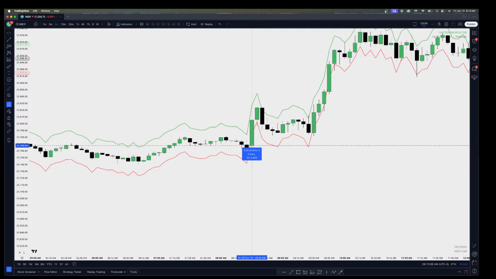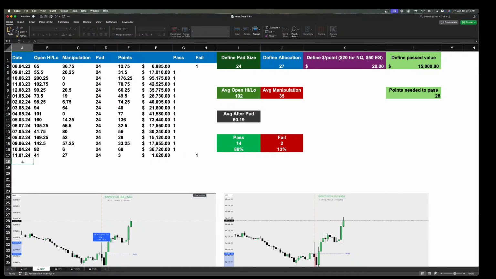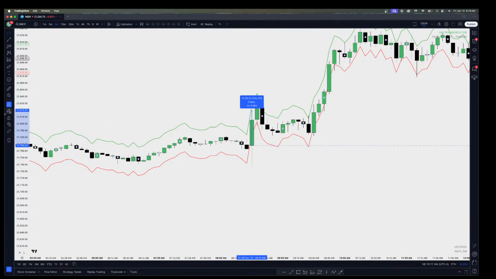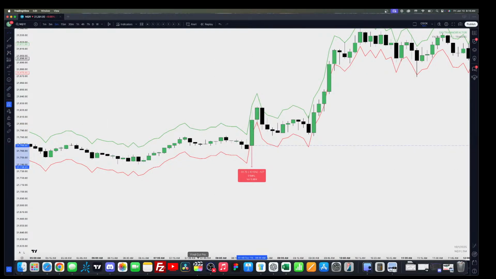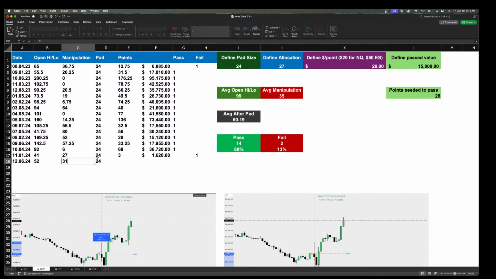First thing we'll do is measure from the open to the high of the first 5-minute candle. That was on 1206, so that was 52 points. And then the manipulation leg first was 31.75. So then under here, we put in 31.75.